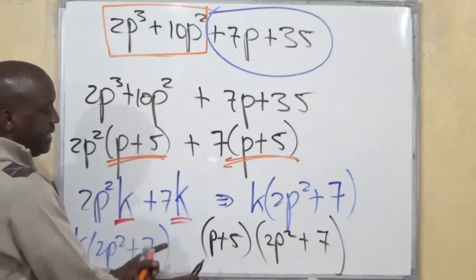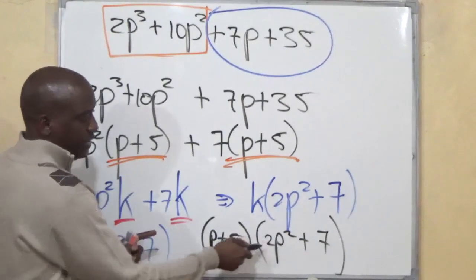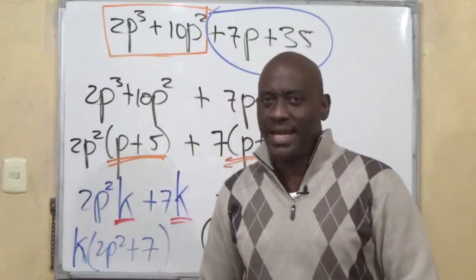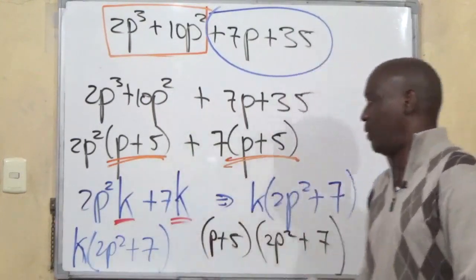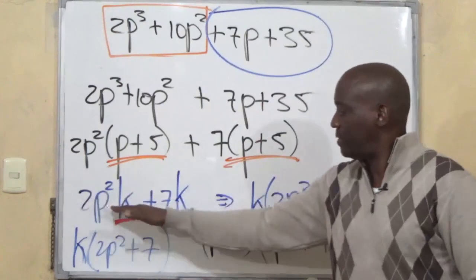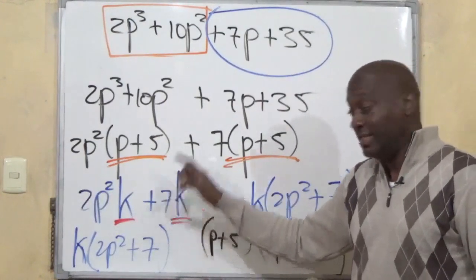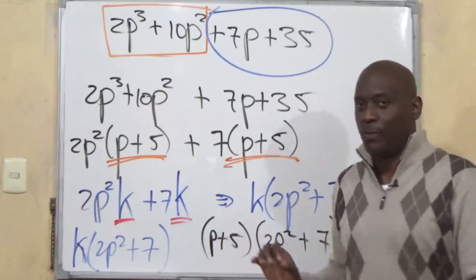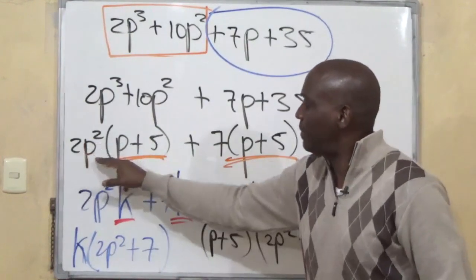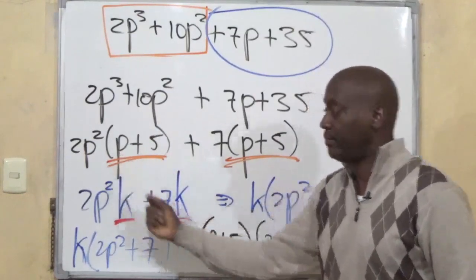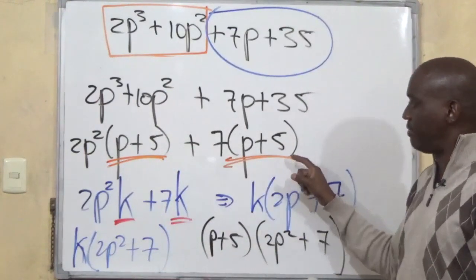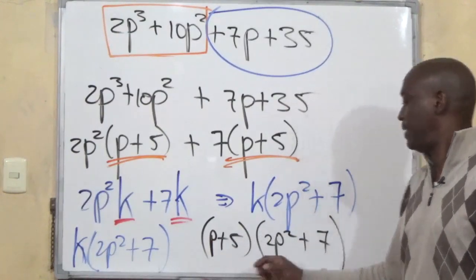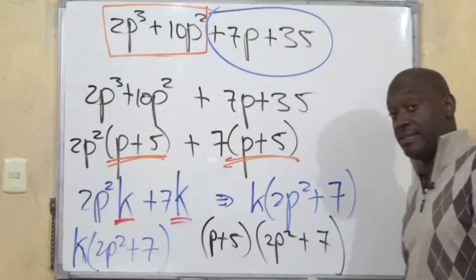So the procedure is identical whether you're factorizing 2p squared k plus 7k to get k into 2p squared plus 7, or whether you're factorizing 2p squared into p plus 5 plus 7 into p plus 5 to get p plus 5 as the common factor into 2p squared plus 7.